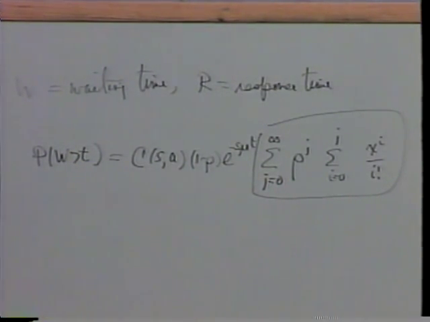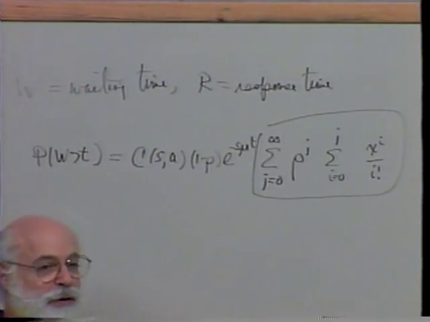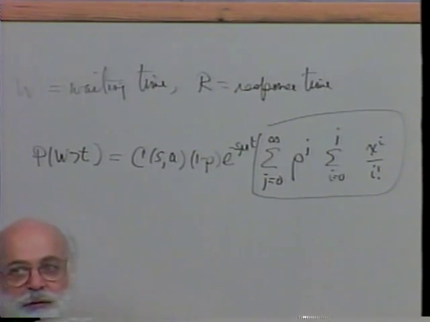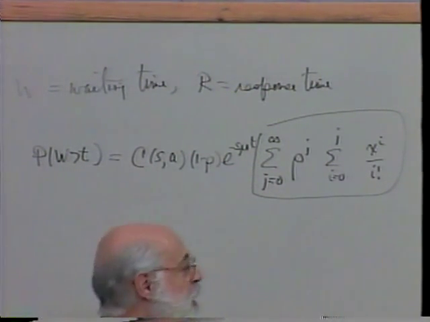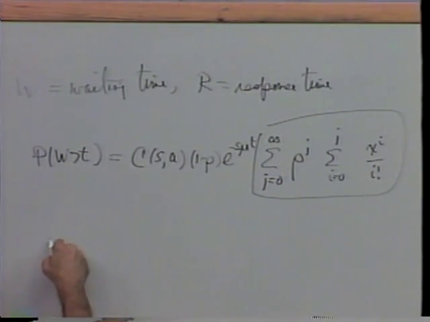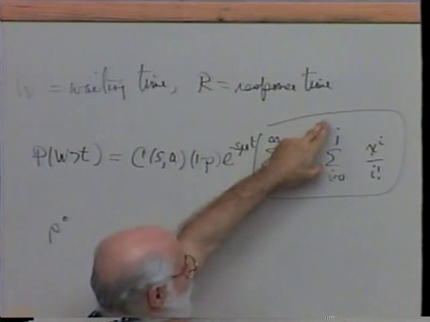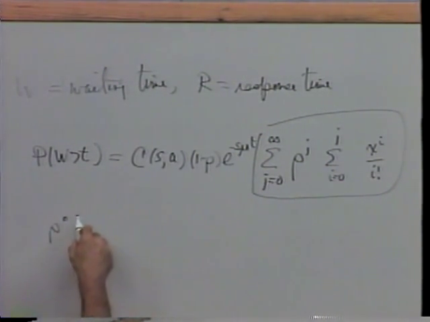Now, if you're slow, like me, instead of doing something clever, you just write everything out. That's really the easiest thing to do in this case. When j is equal to 0, I have rho to the 0, and then the sum from 0 to 0, so that's going to give me x to the 0 over 0 factorial.